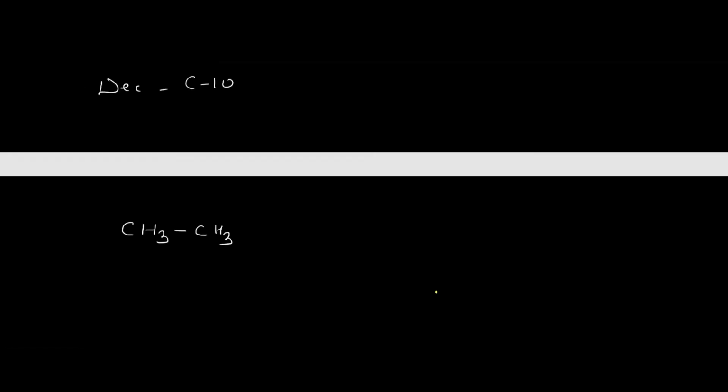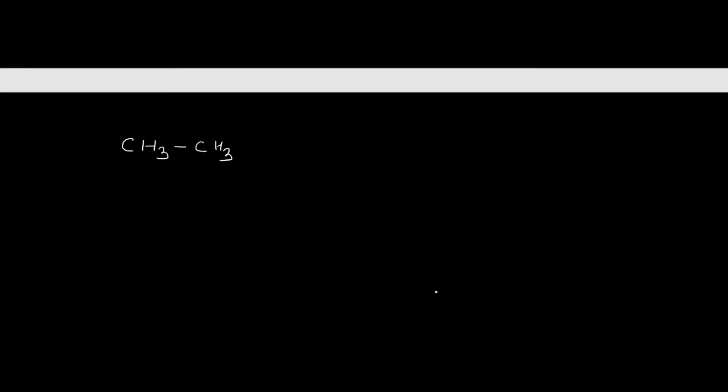After this, you have to see the primary suffix. In the primary suffix, if the compound contains all single bonds, carbon-carbon single bonds, the primary suffix would be -ane.